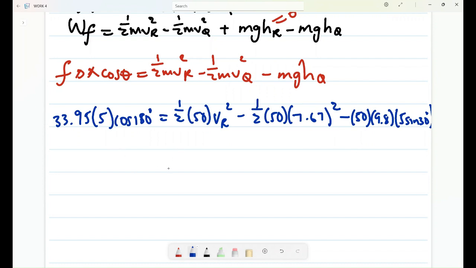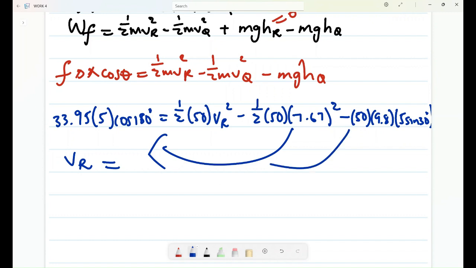Now it's a matter of us doing our mathematical gymnastics, and I think this is your algebra. So I'll just find the value here using my calculator fast. It's going to be the square root of 33.95 multiplied by 5 multiplied by cosine of 180, plus, I take this one to the other side, plus 0.5, which is half, times 50 times 7.67 all squared.